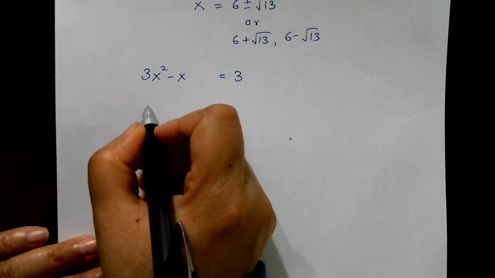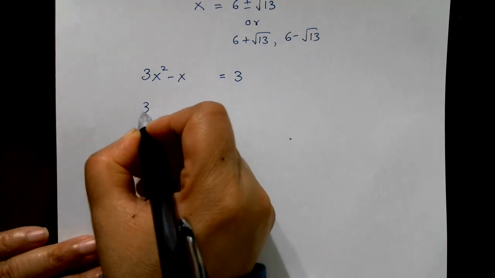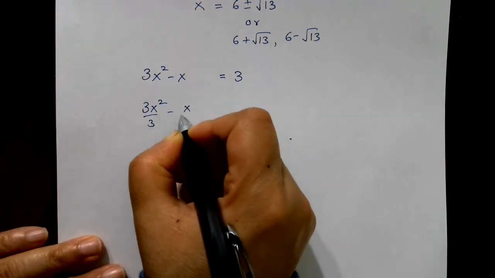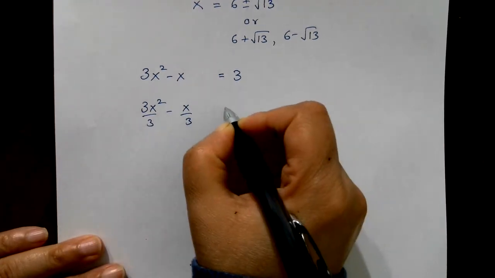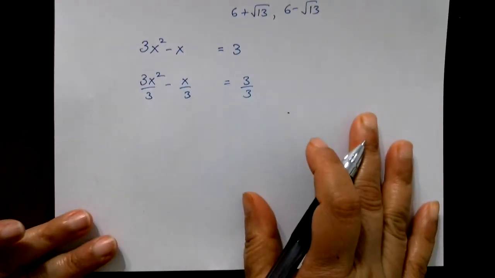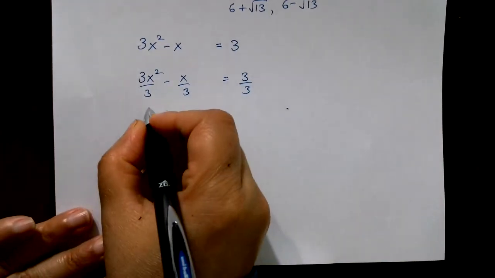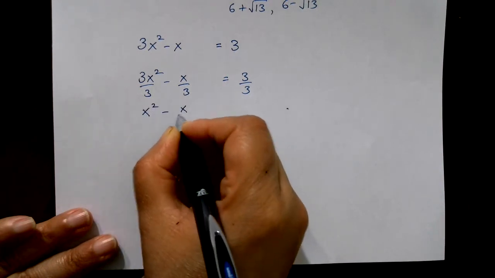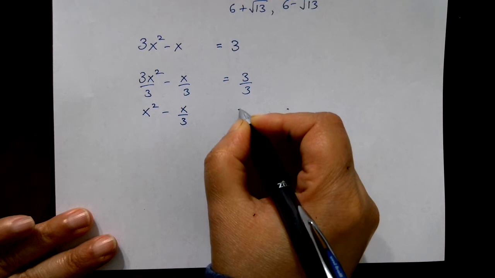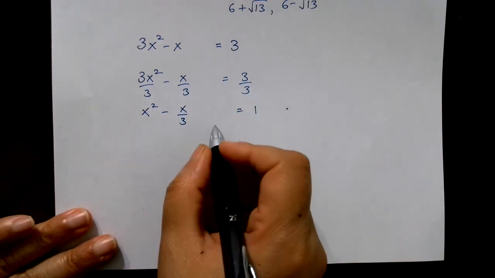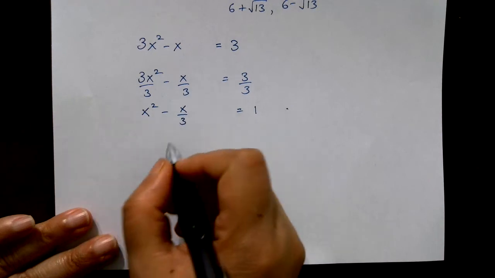So we'll divide 3x squared by 3, x by 3, and the 3 by 3. That gives us x squared minus x over 3 equals 1. Now we can complete the square using the same process.